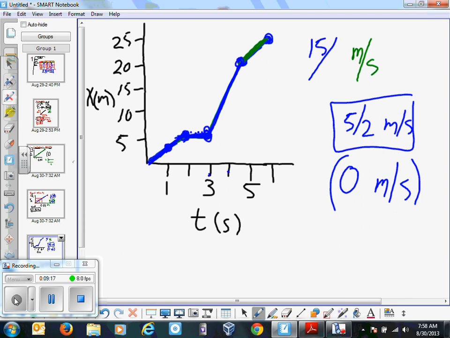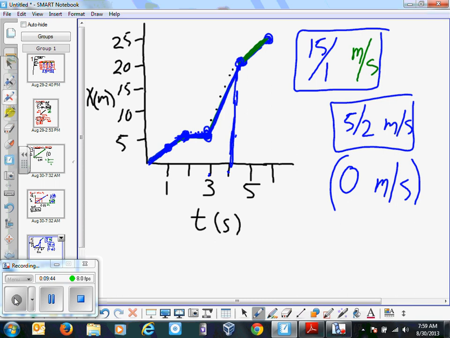Actually, this should be lined up probably right here. It looks like so. That takes 1 second. So the slope of the line at that point is 15 meters per second. So what that means is any point along this line here is going to have an instantaneous velocity of 15 meters per second.